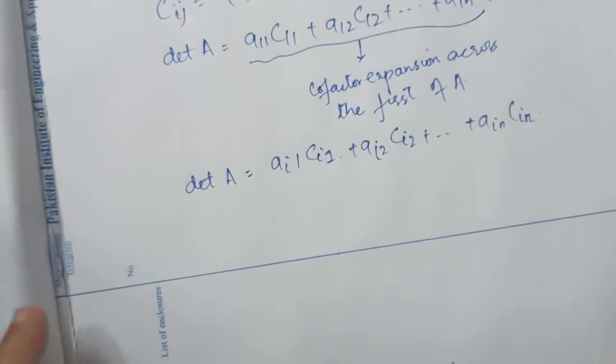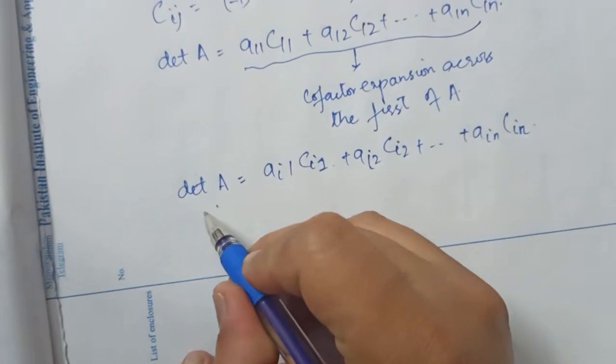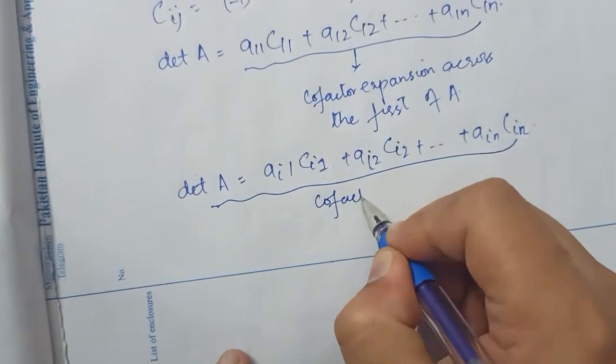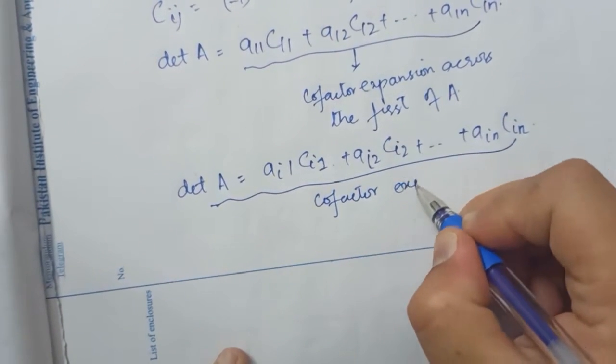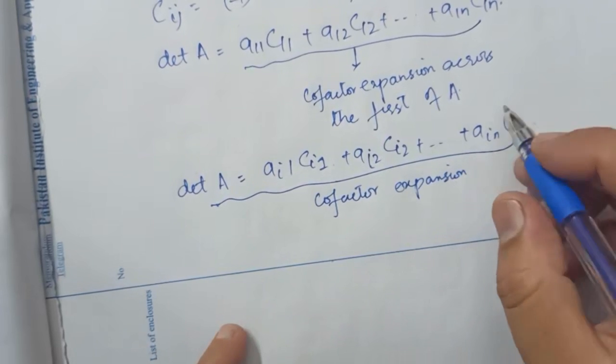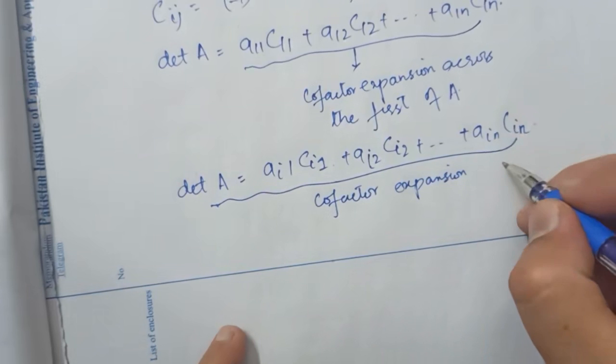So this is the cofactor expansion across the ith row.